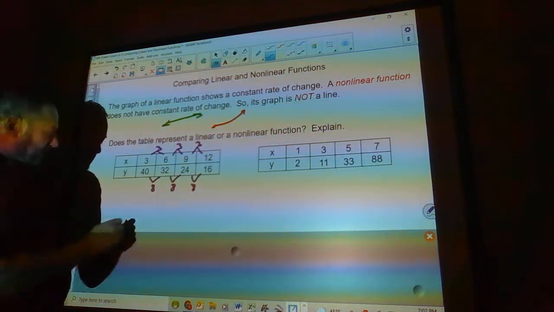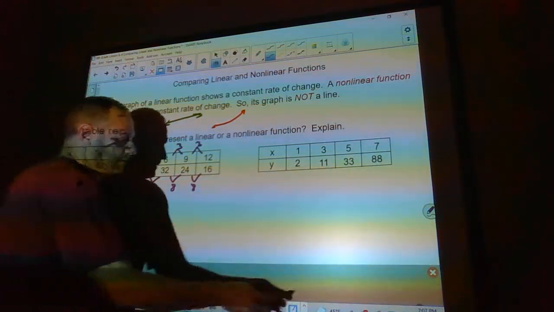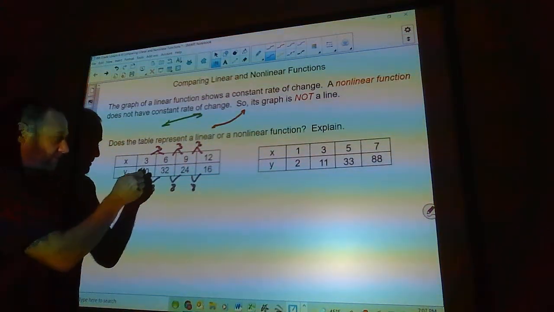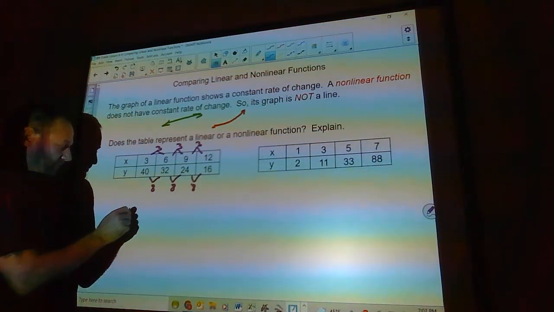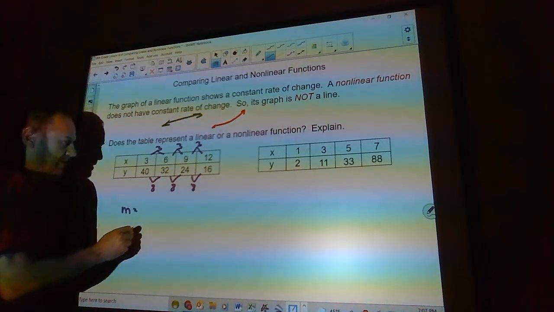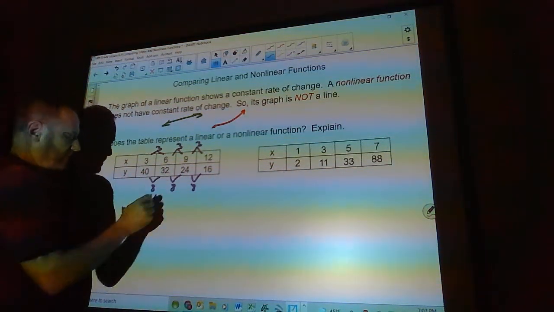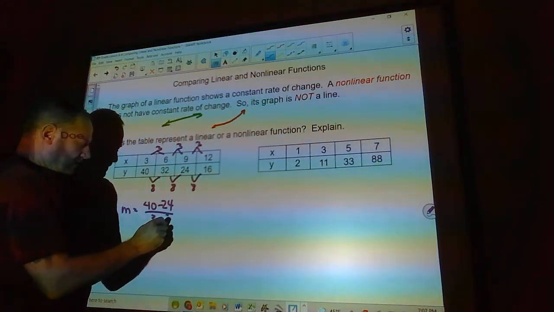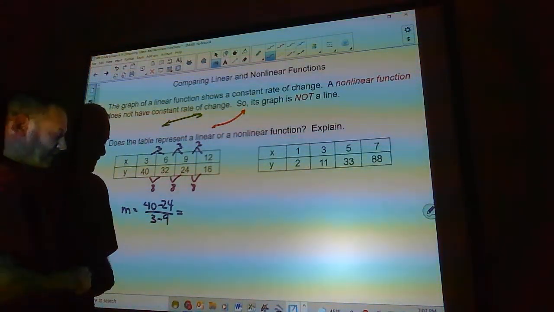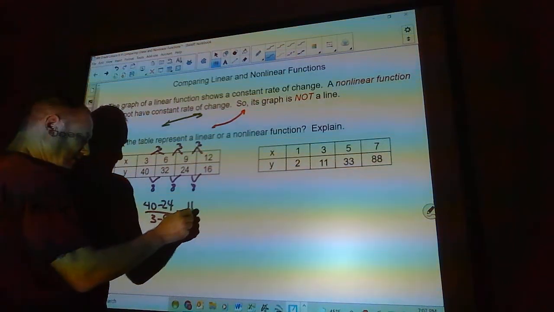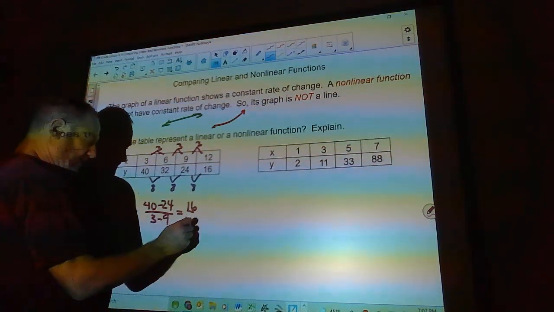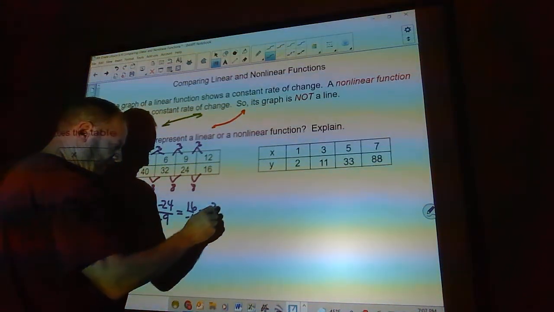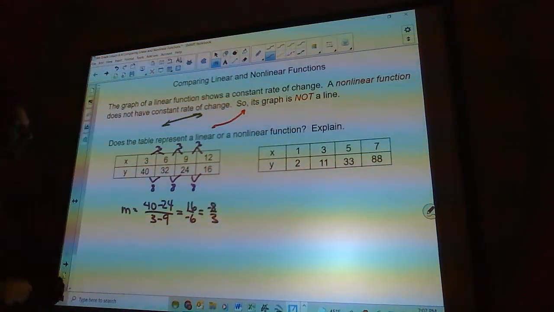Okay. You could also pick any 2 points that you wanted on here. So say I took this one, and I found the slope. That'd be 40 minus 24 over 3 minus 9. So that would be 16 on the top, and negative 6 on the bottom, and that ends up being negative 8/3, okay?